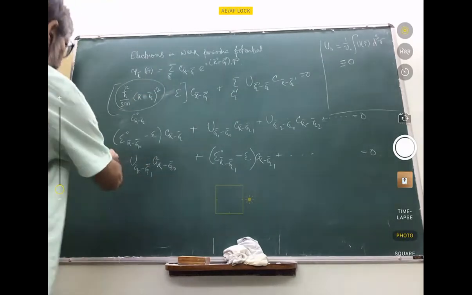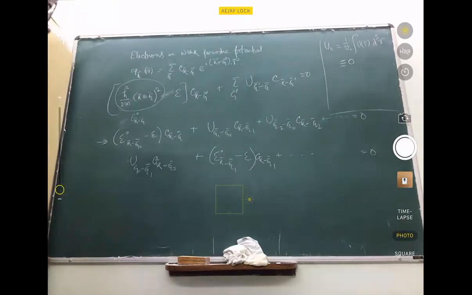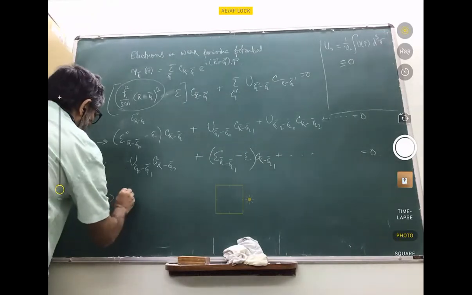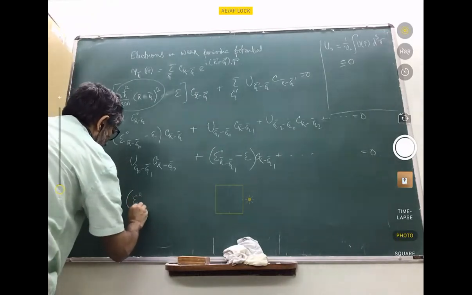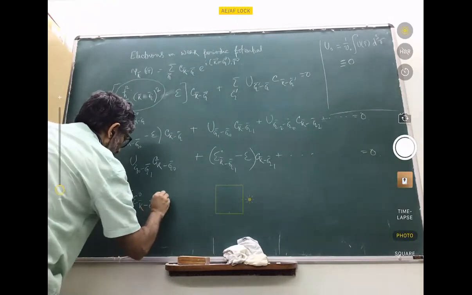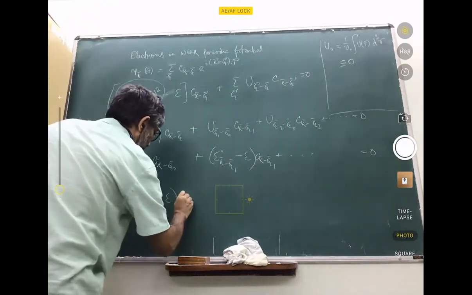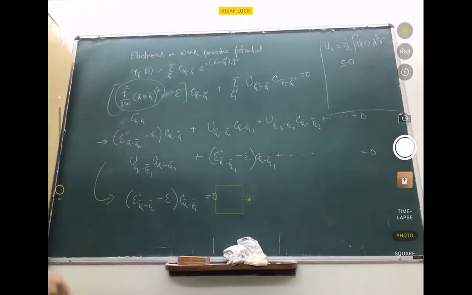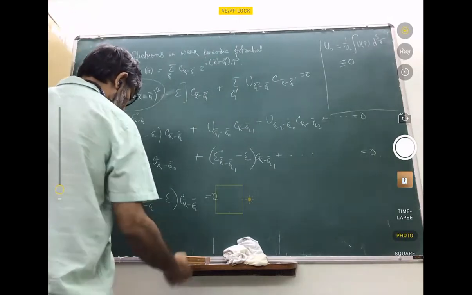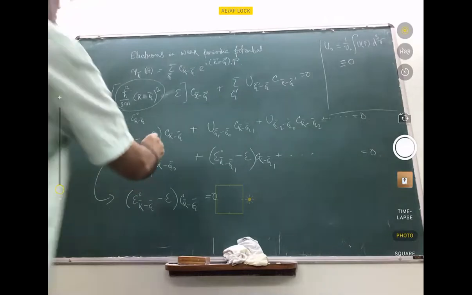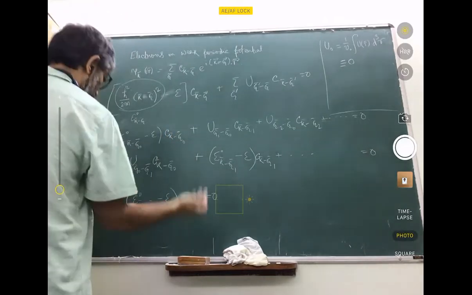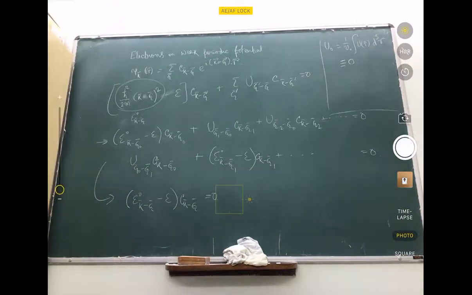If I focus on this equation, all these terms would just go away, and then either this has to be 0 or that has to be 0. There should be a G0.